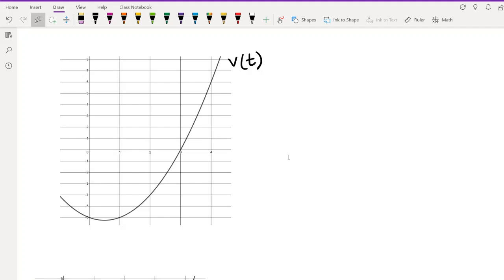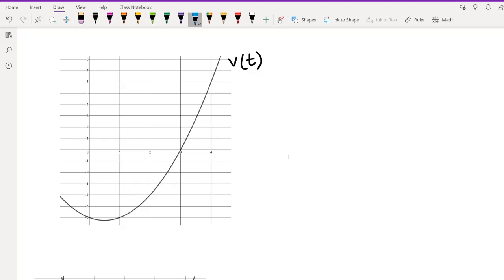One thing that's really important to remember from Calculus 1 is that when the velocity function for an object is negative, that means the object is moving backwards. And when the velocity function is positive, that means the object is moving forwards.